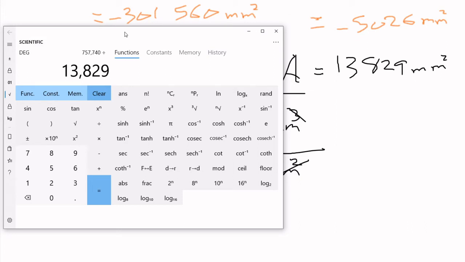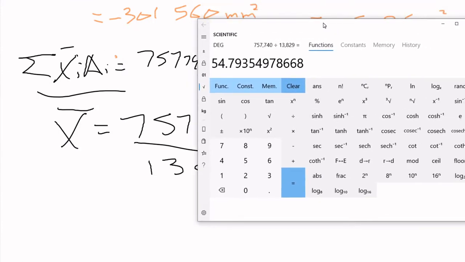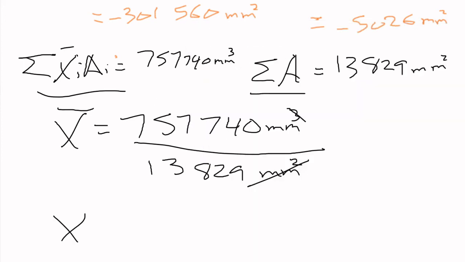Number lock is off. Okay. So we are left with 54.79. I'm going to round that to 54.8, a decent spot to round it.